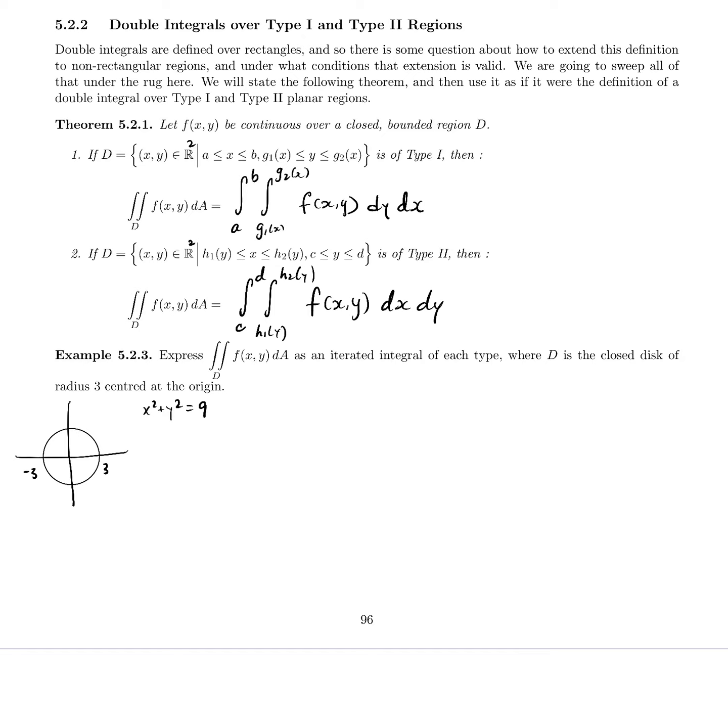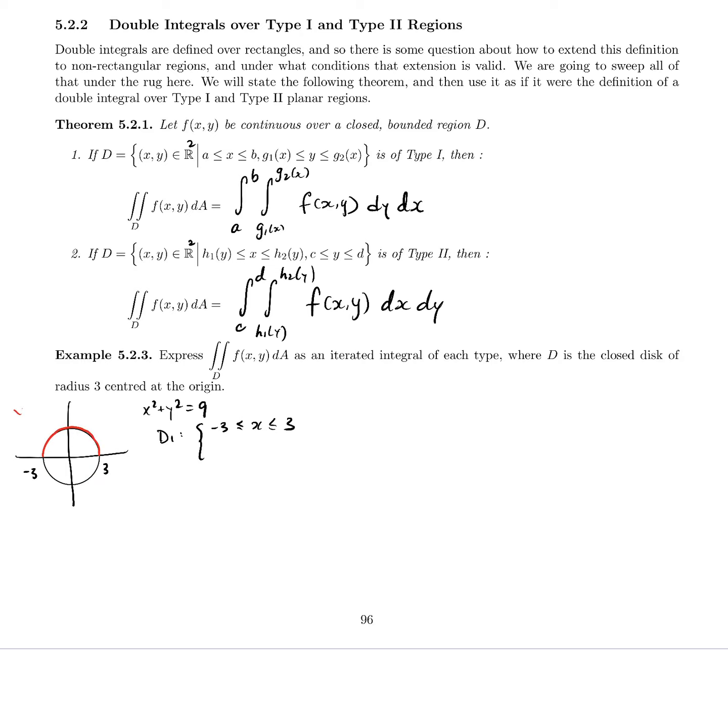We need to write this D as bounds in x, so clearly we've got minus 3 is less than or equal to x is less than or equal to 3 as the left-right bounds in x. Now we have to write this as top-bottom bounds in y. So we're going to split up this circle and solve for y.